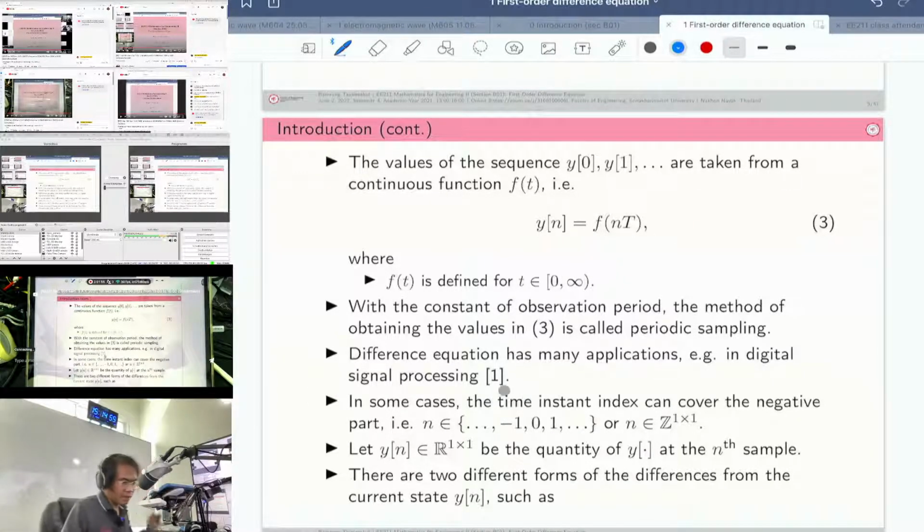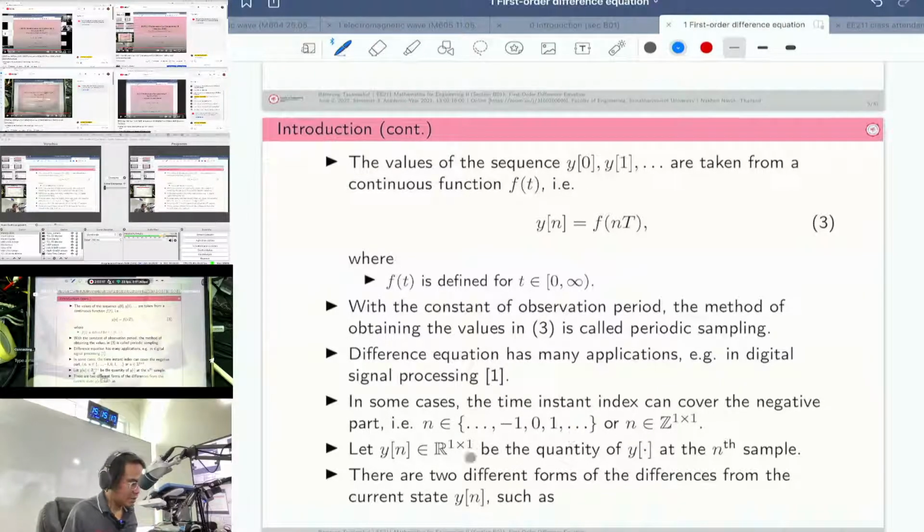Differentiation has many applications. For example, in digital signal processing, in some cases, the time instant index can cover the negative part, so it could be a member of the integer set.